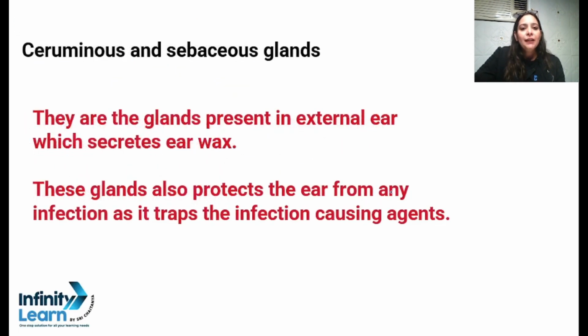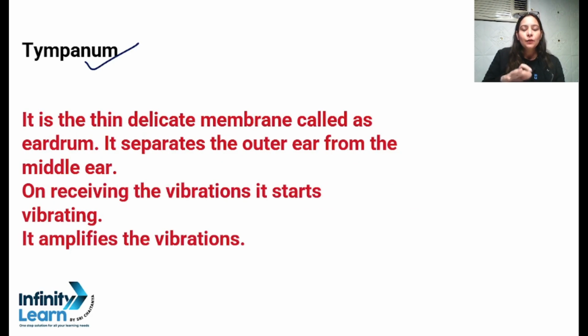So what is the tympanum? It's a thin delicate membrane called the eardrum, and its function is to separate the outer ear from the middle ear, right? And when it receives the vibrations, like the pinna collects the vibrations, directs them into a canal, and then they hit the eardrum. On getting hit, the eardrum starts vibrating.